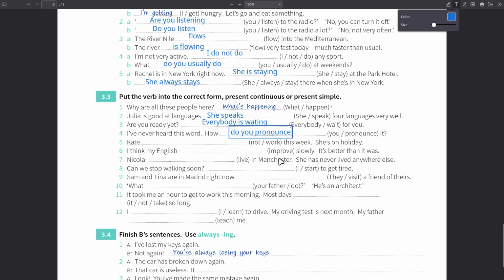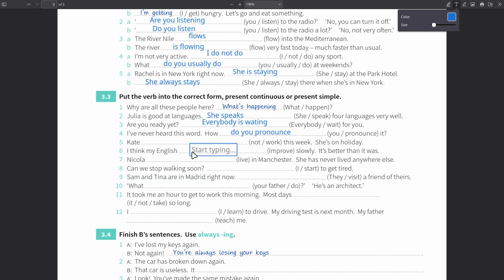In that case, it's a present simple, right? Because it's a question, and we have no context that says it's an action that is happening right now, like in the previous one, right? Are you ready yet? Right. Let's move on to the next one.